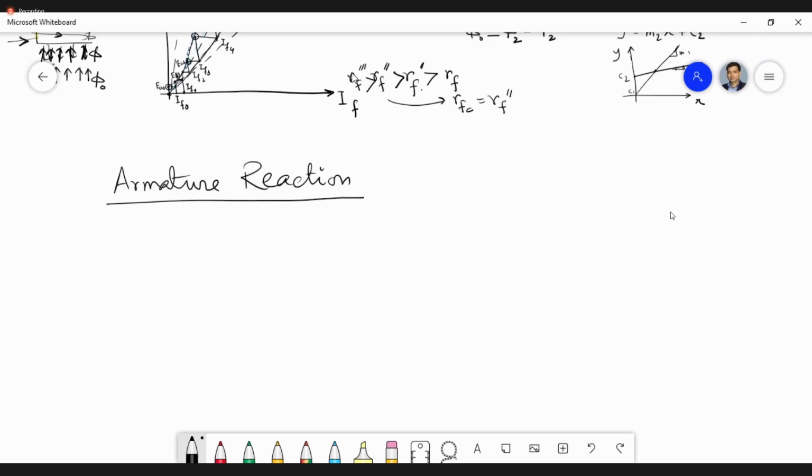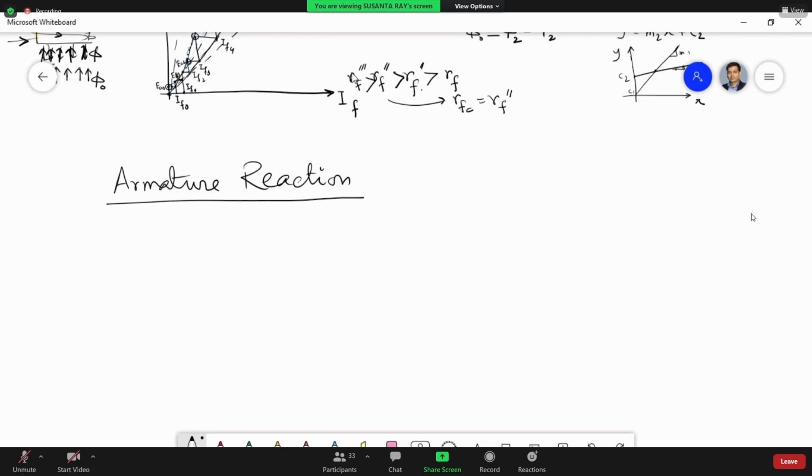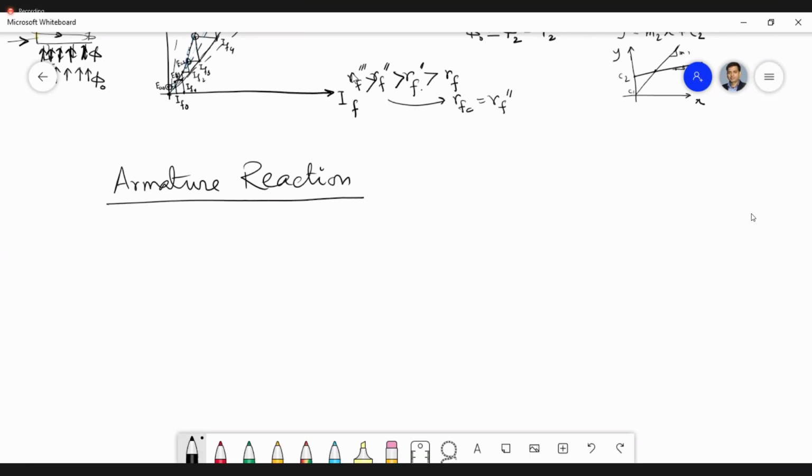Got my point? Now, if we excite the field only, as per the definition of the machine, what is compulsory as far as the magnetic field is concerned? That is the field produced by the poles or electromagnet that we are providing inside the machine. So just try to recall the definition of electrical machines.